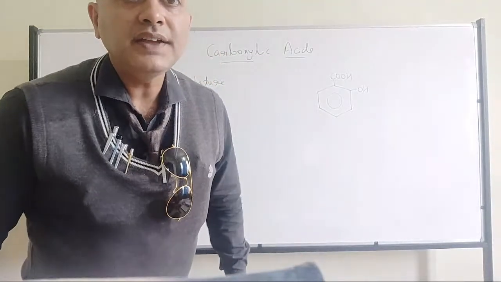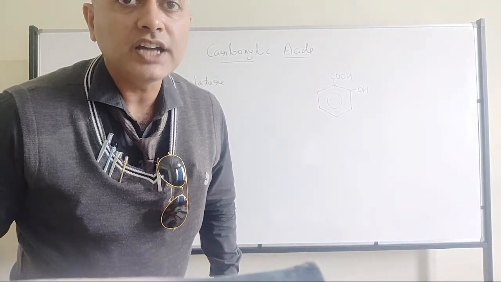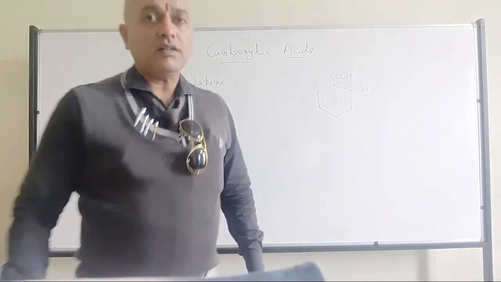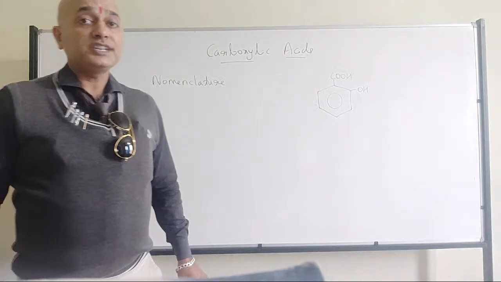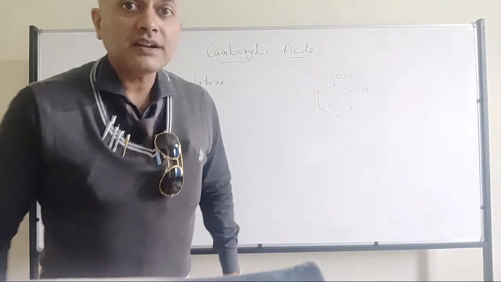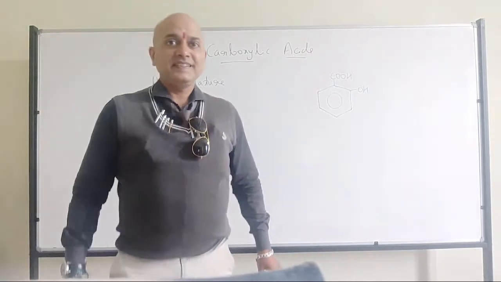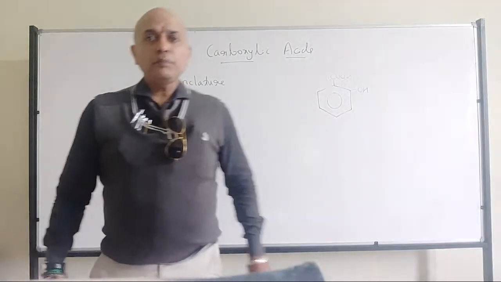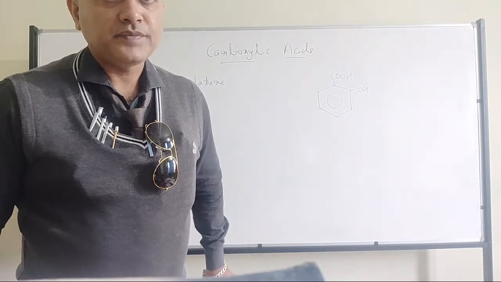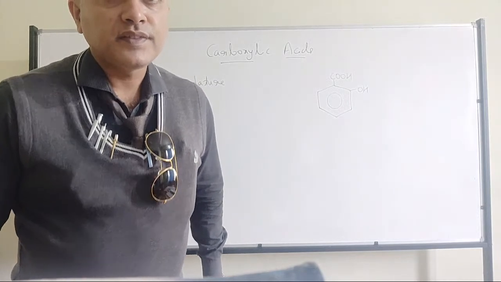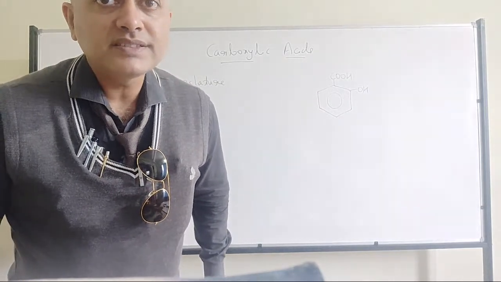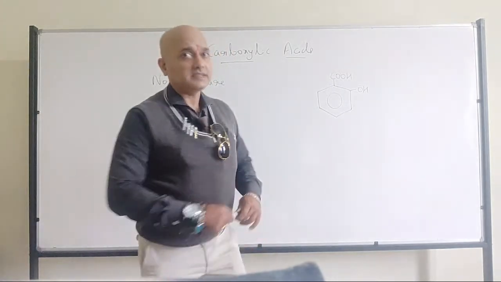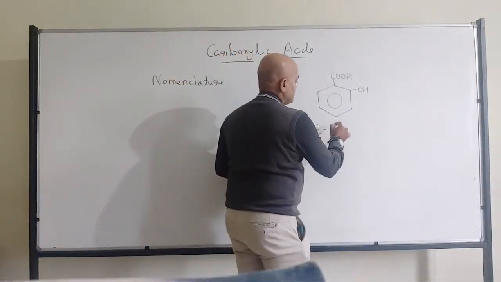What will be the IUPAC name? Archit is telling catechol. Okay, Archit. Since the carboxyl group is there, it cannot be -ol. 2-hydroxybenzene carboxylic acid. Very good.